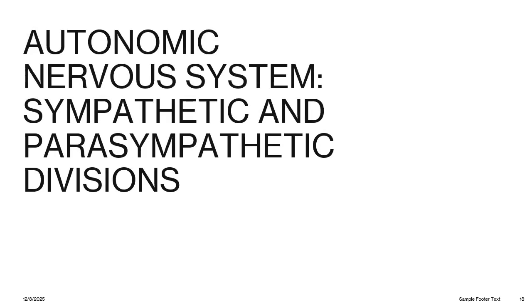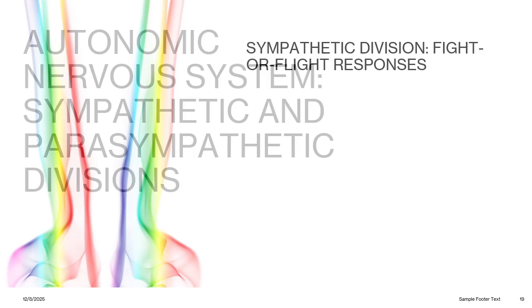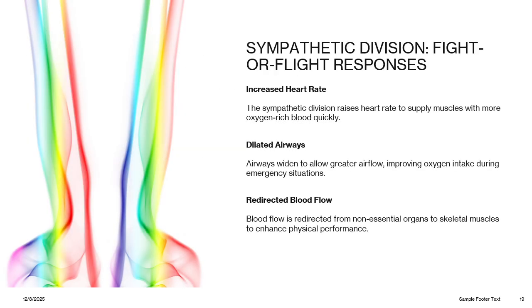So the autonomic nervous system, that involuntary one, can be further divided. So we have two divisions here. We have the sympathetic division, which prepares the body for stressful or emergency situations by increasing heart rate, dilating airways, and redirecting blood flow to muscles.